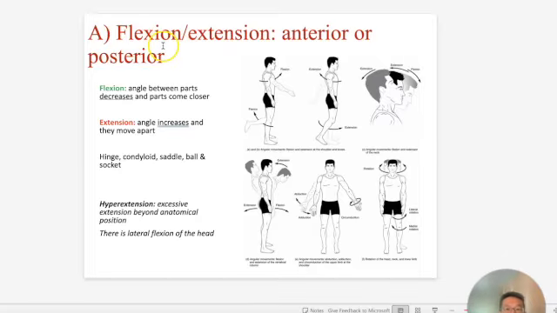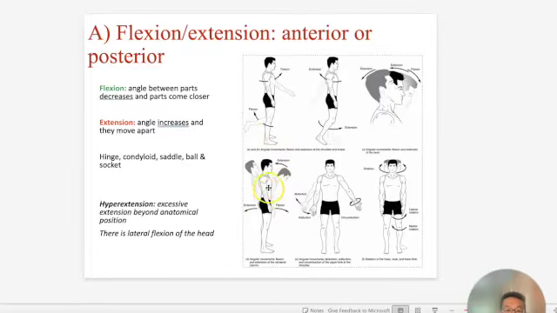Flexion means bringing closer. Extension is going backward. So flexion usually goes anterior and extension goes posterior. For example, in your neck, flexion is looking down and extension is looking up. The arm, same thing. The knee, flexion is this way, extension is that way. So we just have to practice a lot.